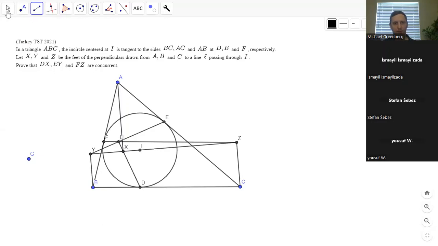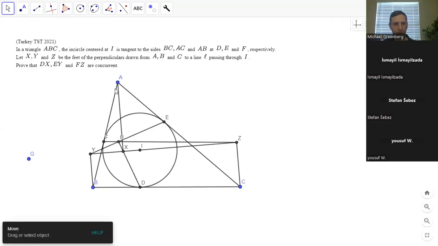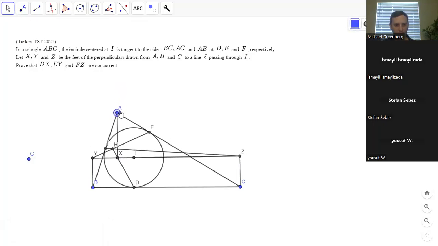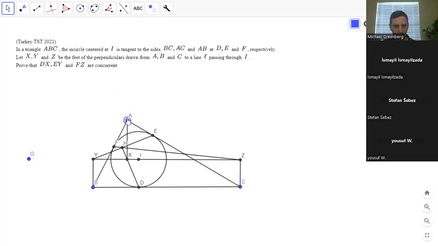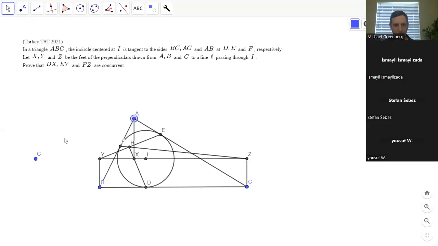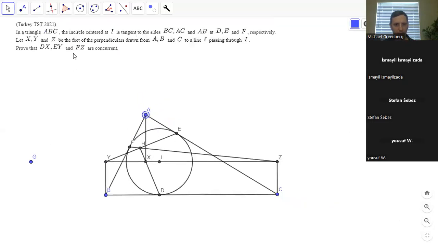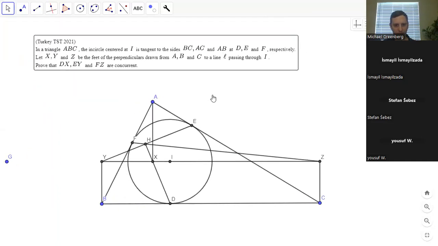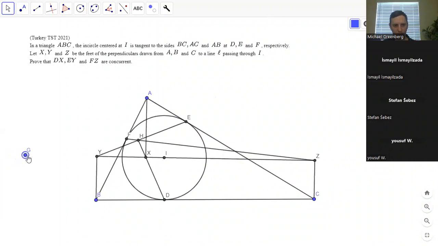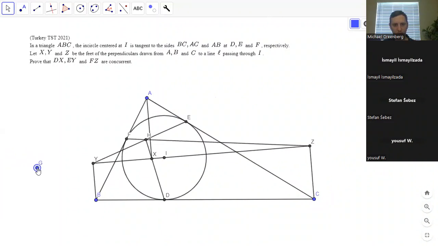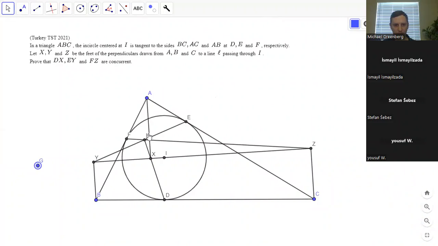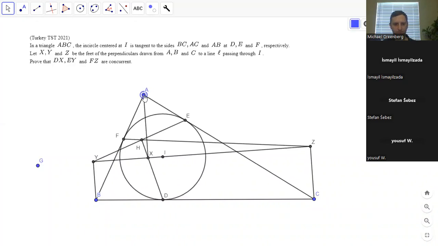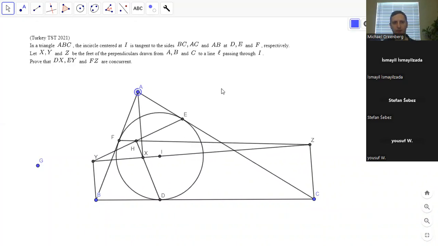Let me try to make the best figure I can. If I make it a very obtuse triangle, I think it looks better when it's more obtuse, or closer to obtuse. Something like that.